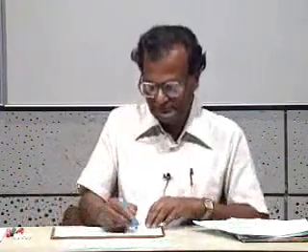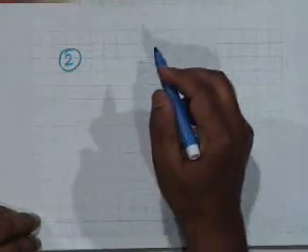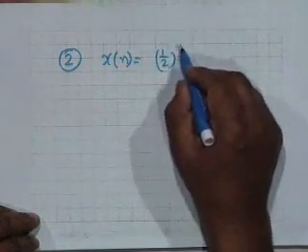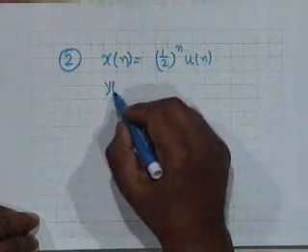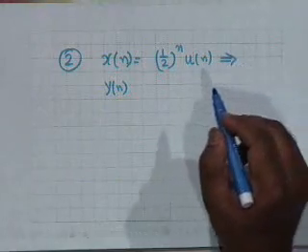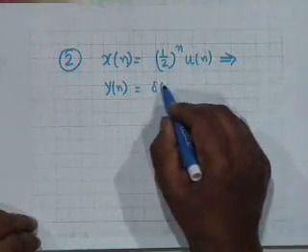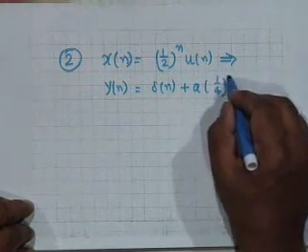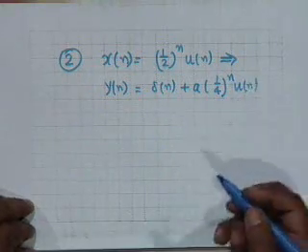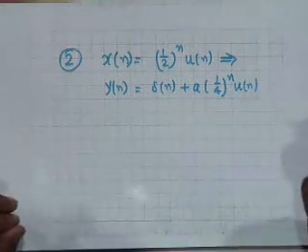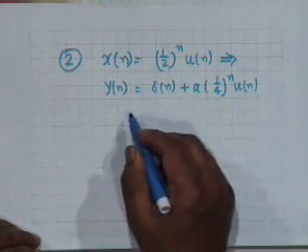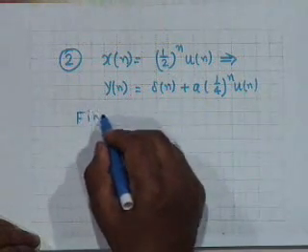And the second condition that is given is that if x of n is half to the n u of n, then y of n equals delta n plus a times 1/4 to the power n u of n, which simply gives you a form for H of z in terms of an unknown constant a, and therefore the question is find a.